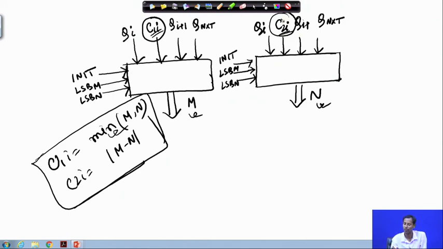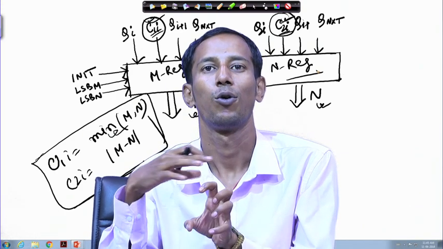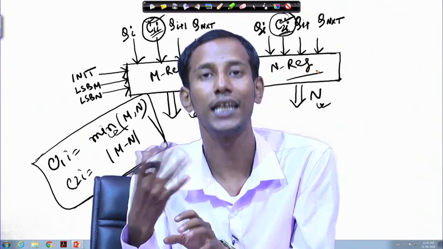So, C2 will come here, and the output of the C1 circuit will come over here. This is the M register and this is the N register. So, these are the basic blocks we are building to find the ultimate circuit.